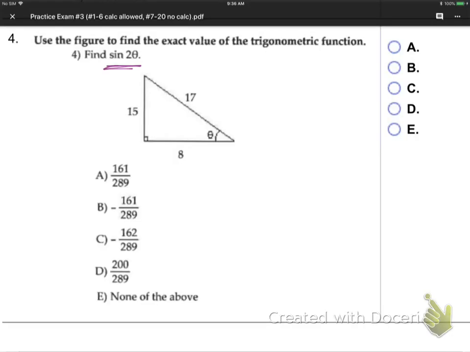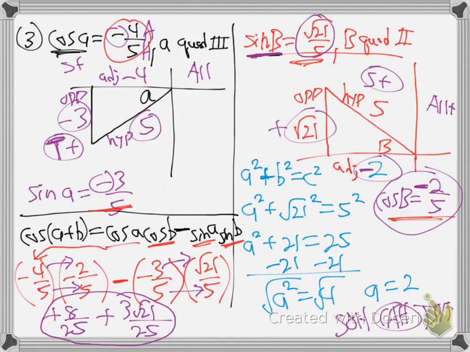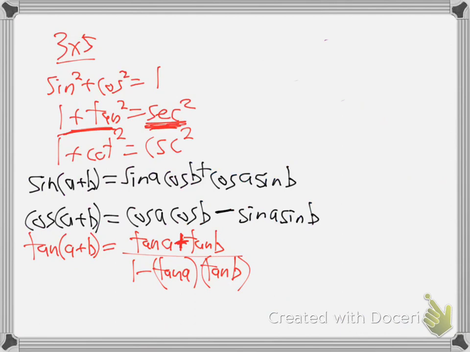Sine of 2 theta. So there's some more formulas you want to have in your 3x5 card. Let me go back to the 3x5 card plan. So you want to have sine of 2 theta, it's 2 sine theta cosine theta.